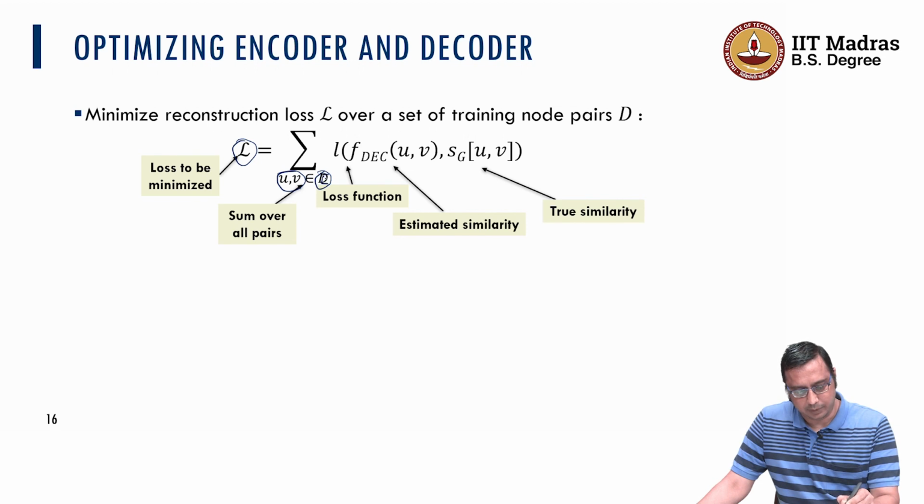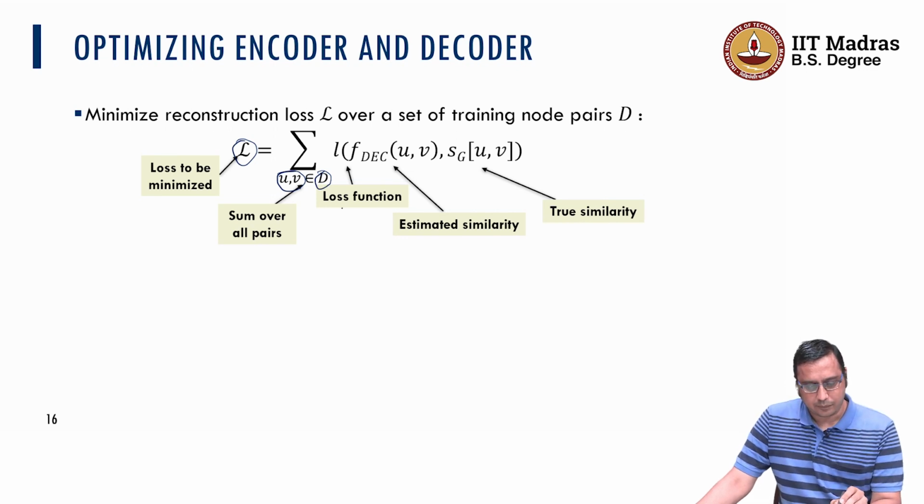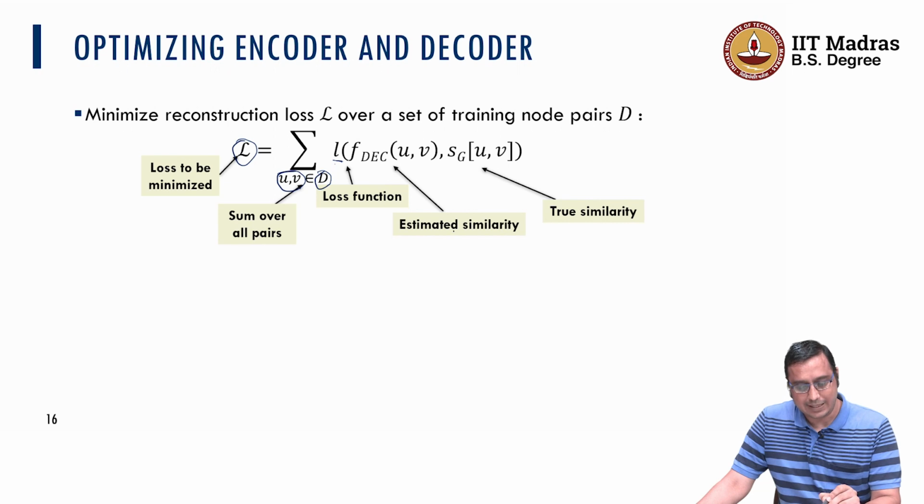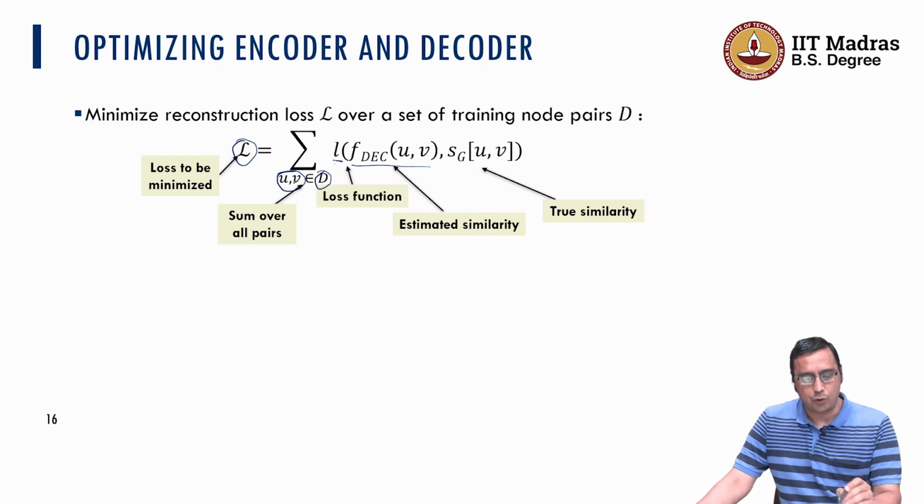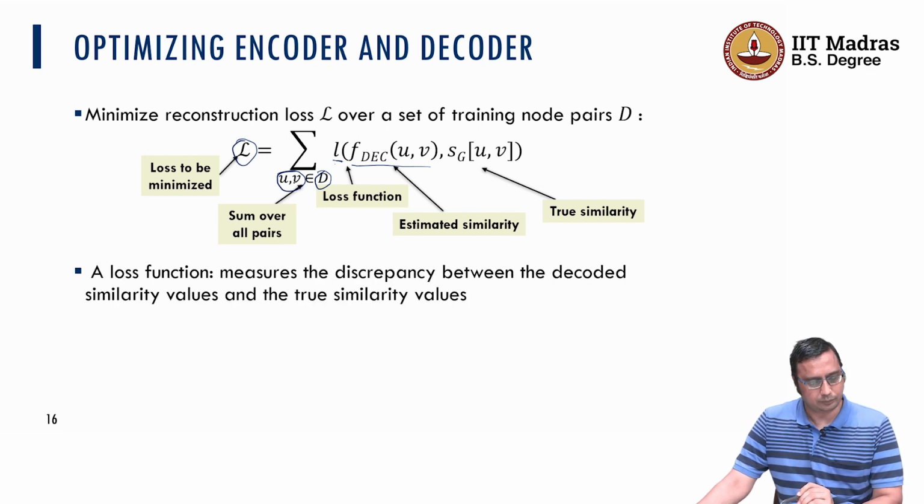The loss function is L, which I have to define. The estimated similarity based on the decoder function is f-dec, and the true similarity is given by SG. And we are going to minimize this function to learn our embedding.